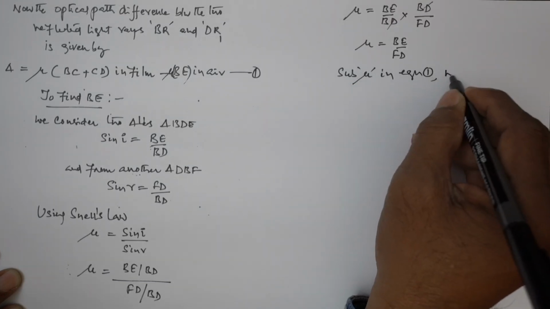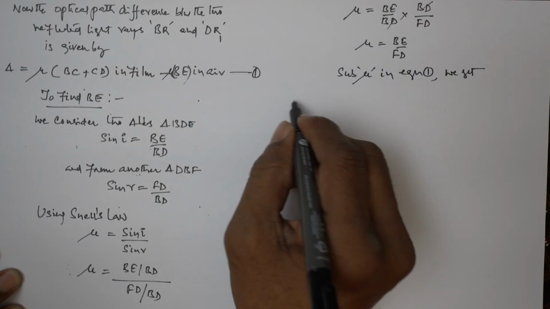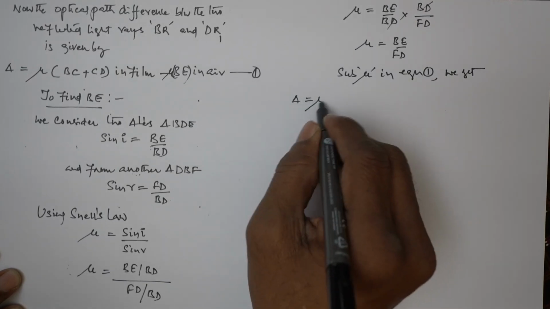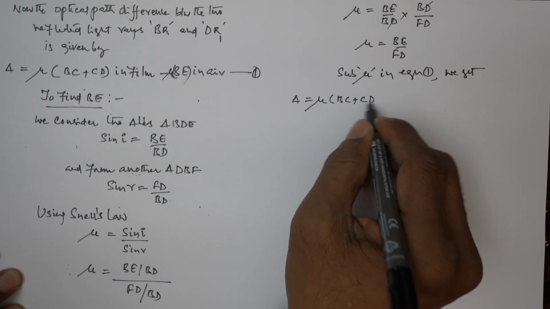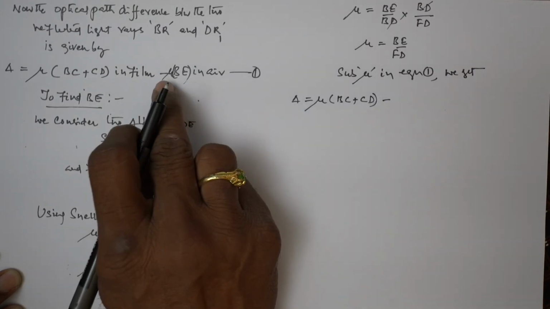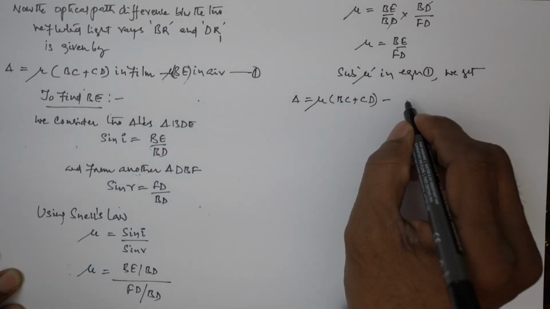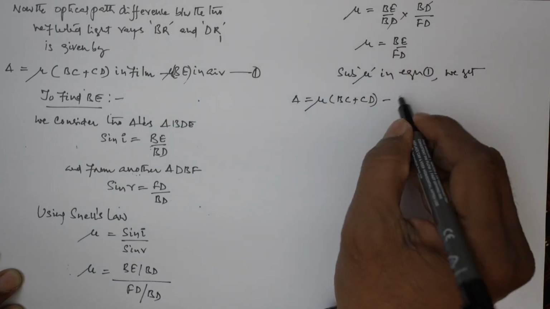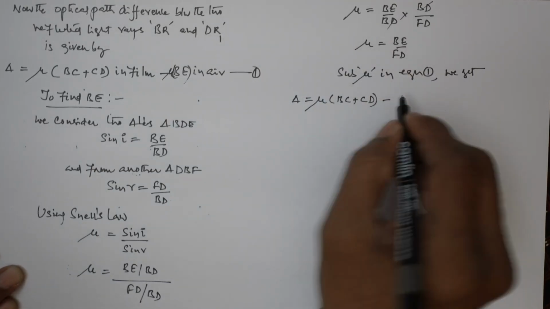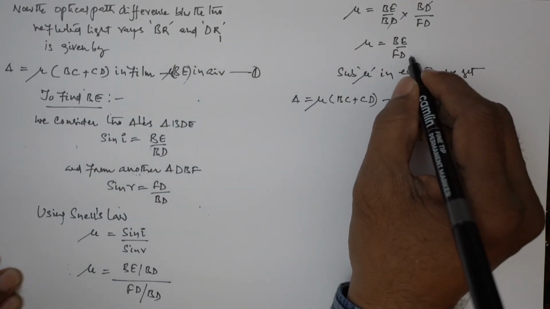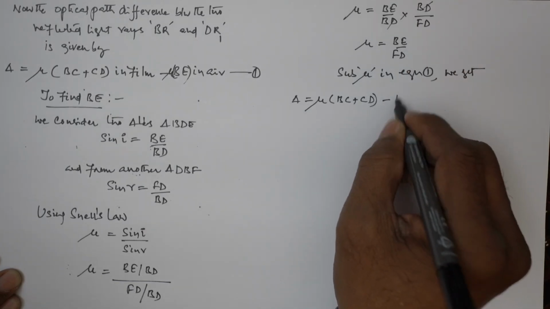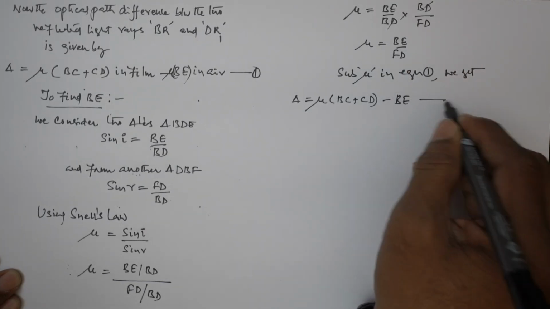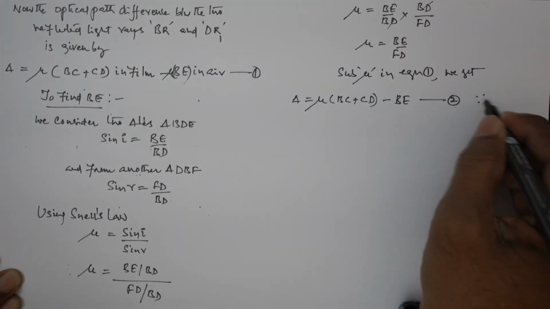We get delta is equal to mu into BC plus CD minus, refractive index in air is always equal to 1, therefore I get only BE here. So what is my BE here? If I take the cross multiplication, I can substitute like this.